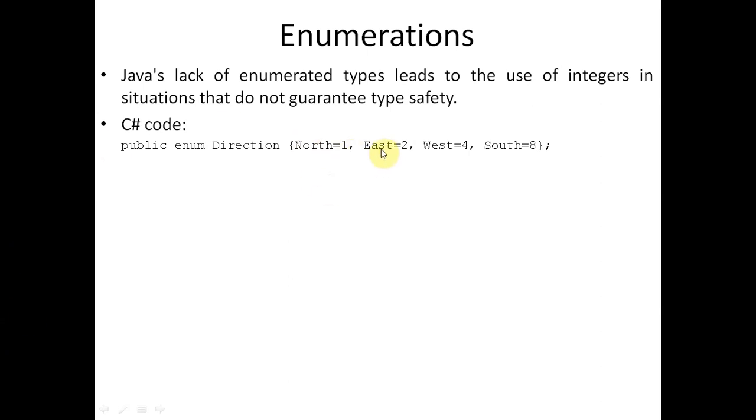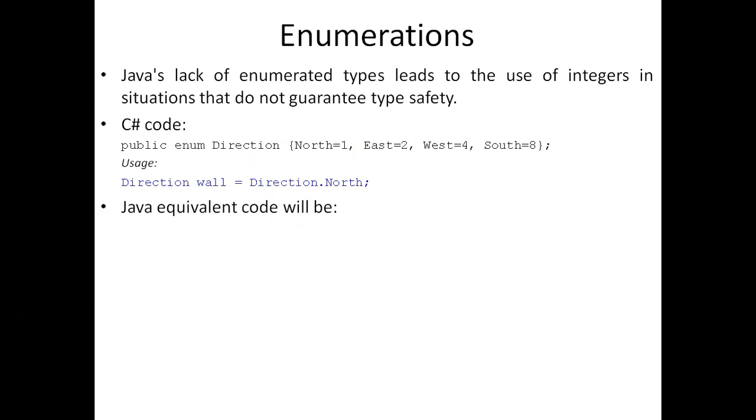In the Direction we have north, east, west, south. So this is again an enumerator type, and we have mentioned public here. And how we will use it, you can see here, Direction wall equals Direction.North. So Direction.North means this will be copied, transferred to wall.